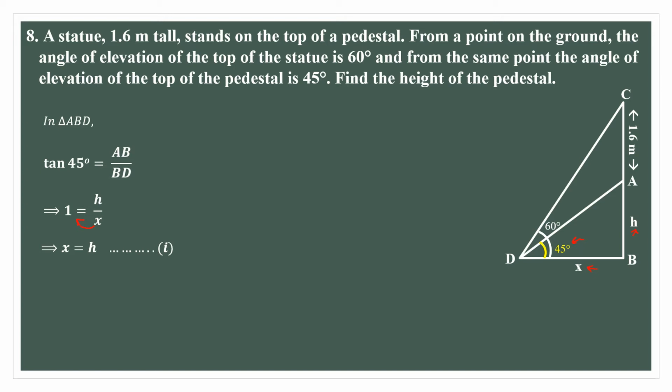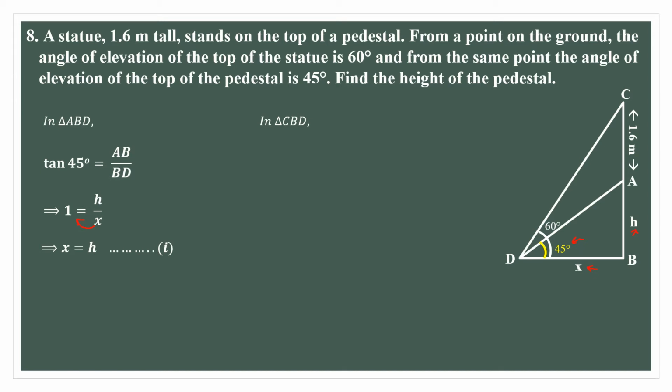Simple, quite easy. Now in the second part of this question, we will take triangle CBD. For triangle CBD, once again we have perpendicular and base, so the relation will be the same, tan.